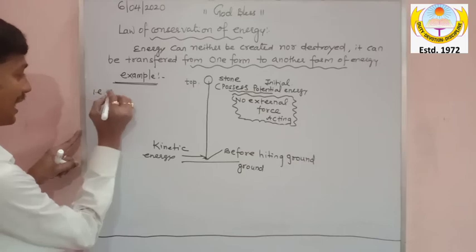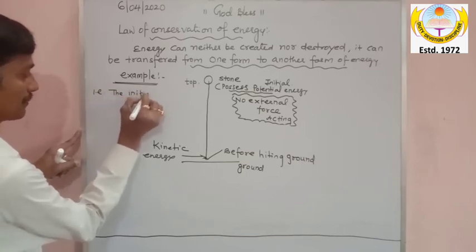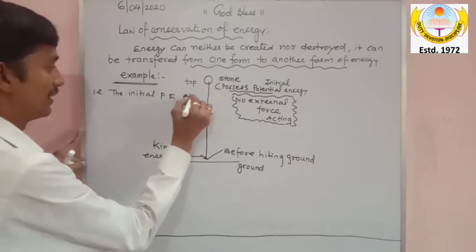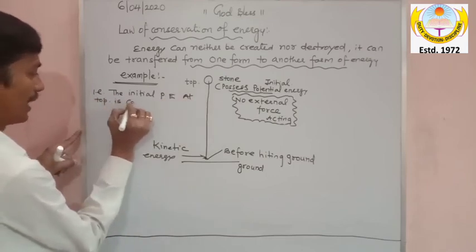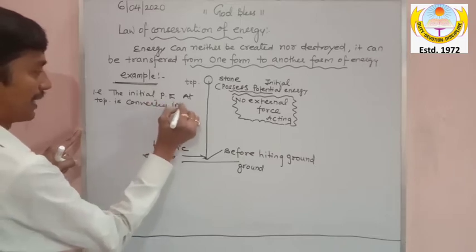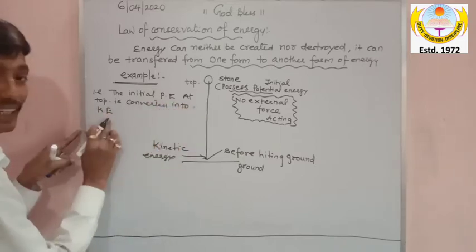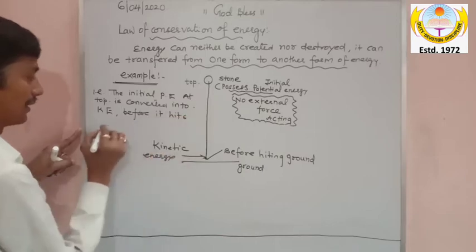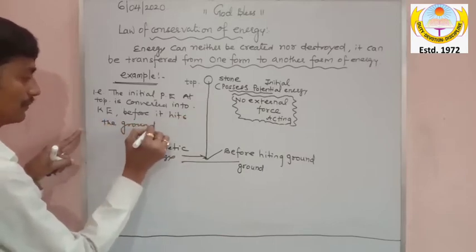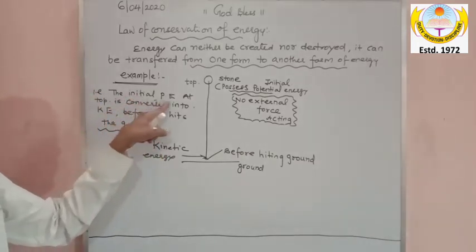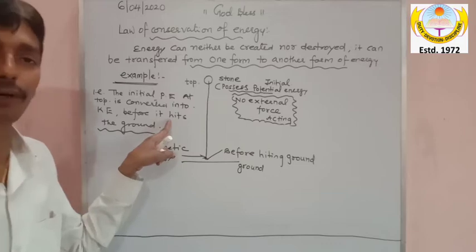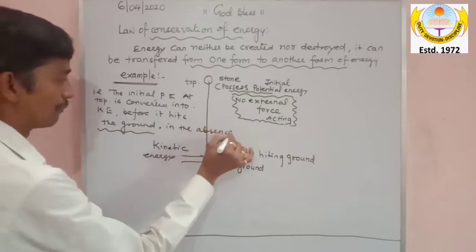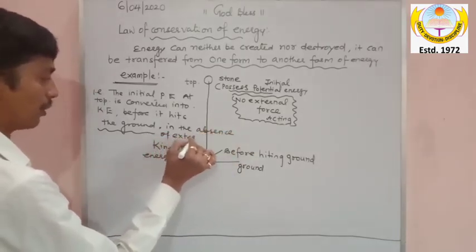That is, here in this example, the initial potential energy, I have written PE, potential energy at the top, is converted into kinetic energy, KE, right, before it hits the ground, in the absence of external force.